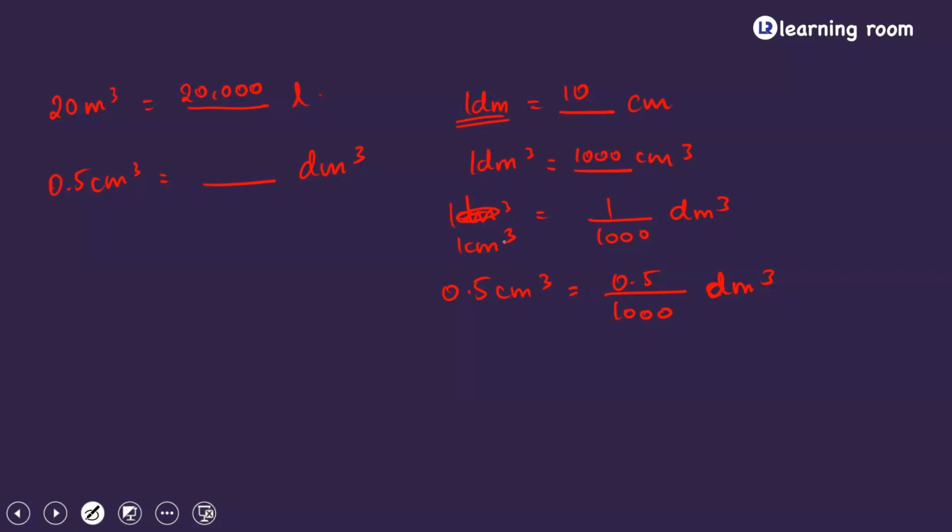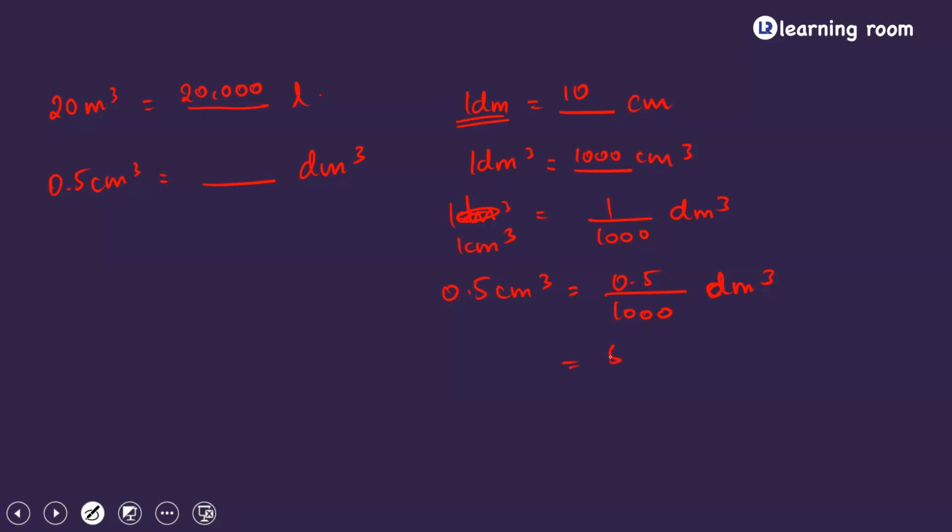Now 2 centimeter cube is equal to 2 by 1000 decimeter cube. So 0.5 centimeter cube is equal to 0.5 by 1000 decimeter cube. You could write it as 0.5 into 10 power minus 3 or 5 into 10 power minus 4.